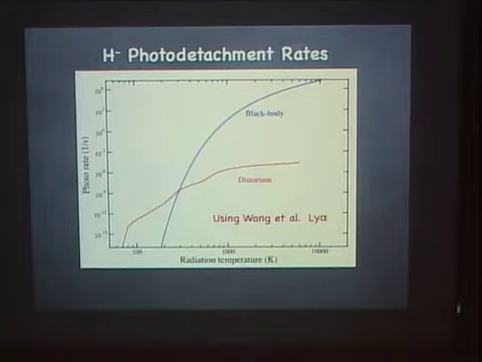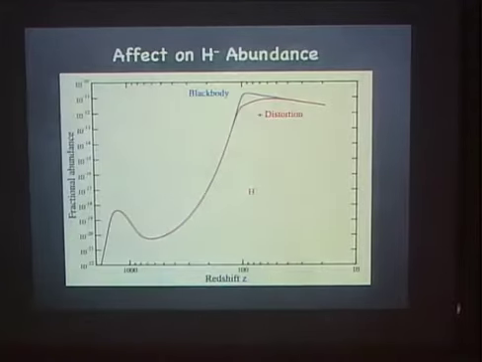So I can add this to a chemical network and see what contribution it makes. Here I'm plotting the H- fractional abundance versus redshift. The blue curve is if we just include the black body rate, and then in the red curve I add in the distortion photon rate.